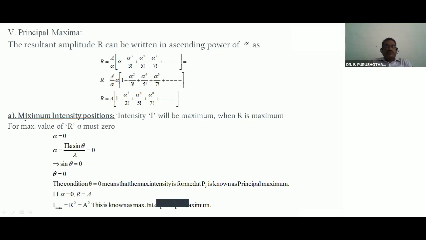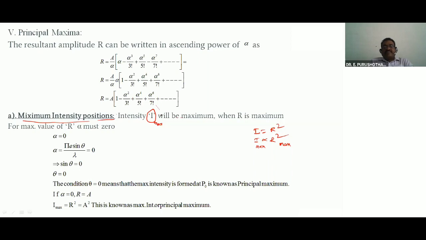We are going to calculate maximum intensity positions. Intensity I will be maximum when R is maximum, because I is equal to R square, so I is directly proportional to R square. If I is maximum, R is also maximum.